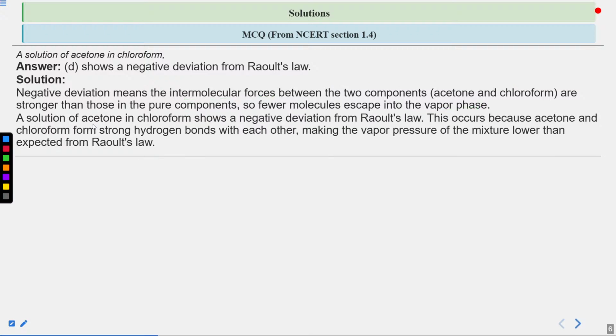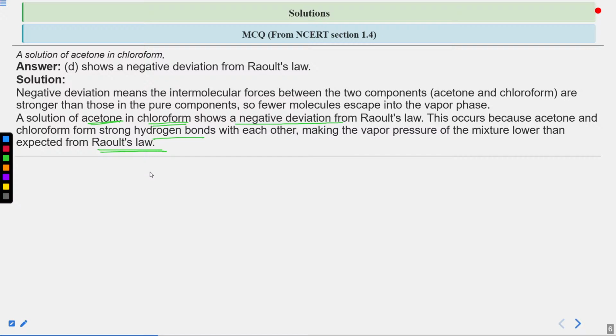Now, a solution of acetone in chloroform shows a negative deviation from Raoult's law, and this occurs because acetone and chloroform form strong hydrogen bonds with each other. This is the main reason which makes the vapor pressure of the mixture lower than expected from Raoult's law.